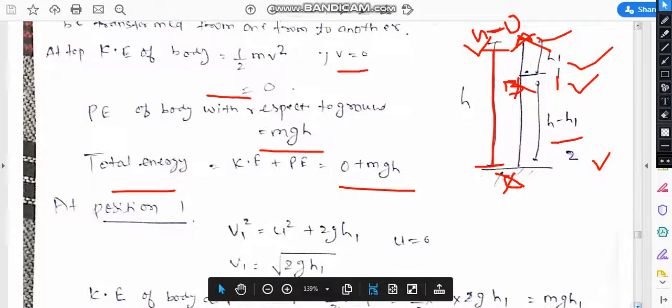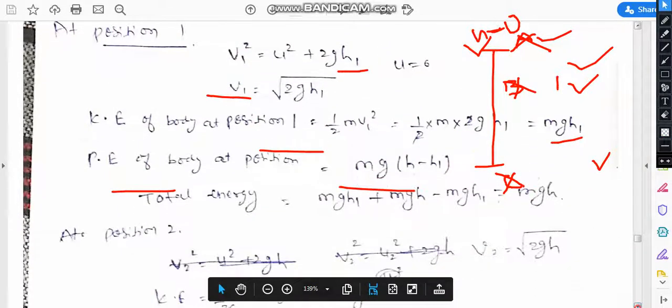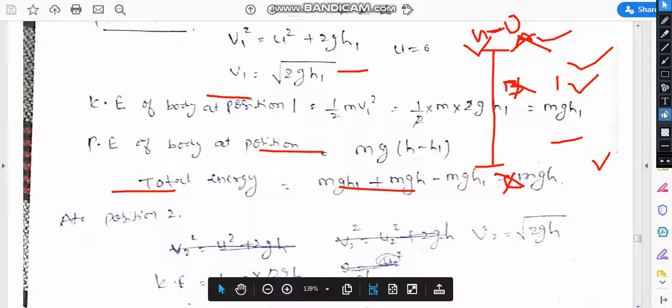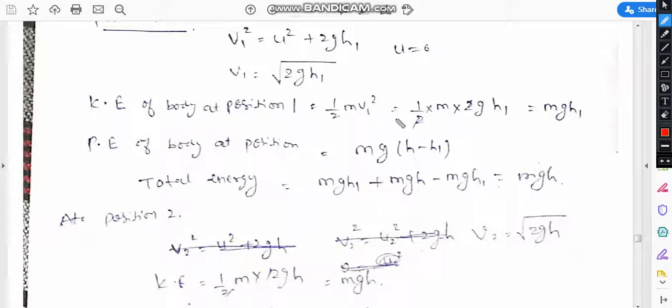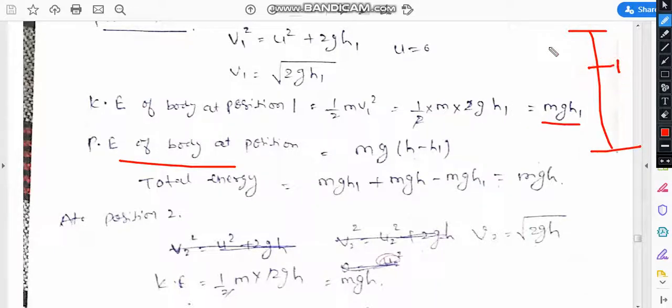So the kinetic energy is half mv square, and by putting this value we find that the total kinetic energy is mgh1. The potential energy is, because this is position 1 and this is h1 height, so this is h minus h1, so mg(h minus h1). So the total energy is, again this will cancel out, and here it comes to be mgh.